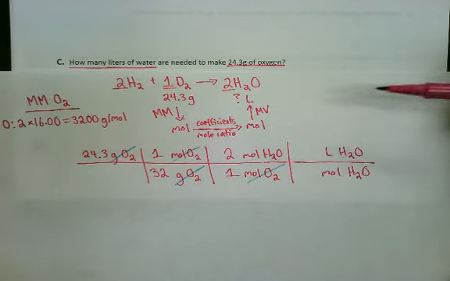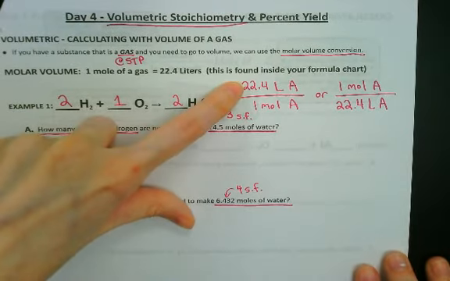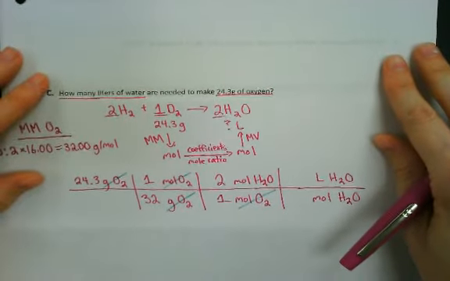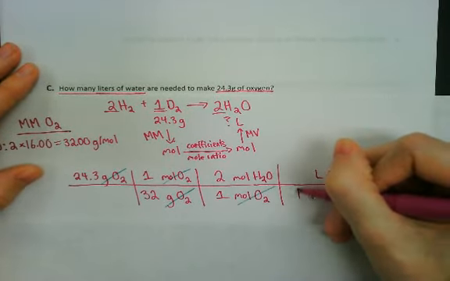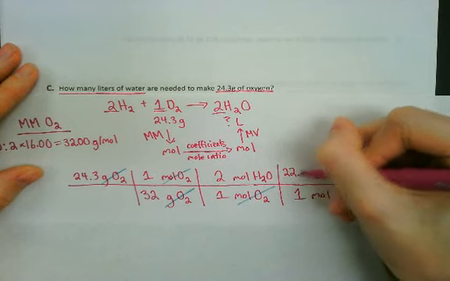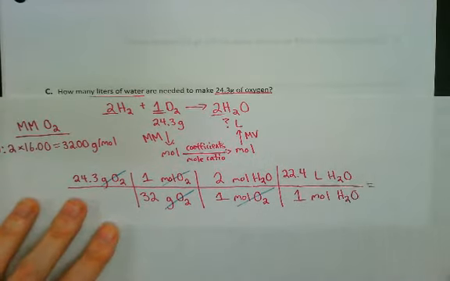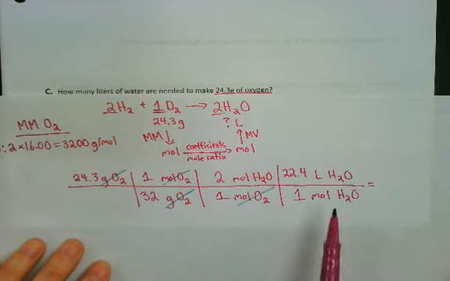And our molar volume, as we saw earlier, is right up here. There's 22.4 liters in 1 mole. So I'm going to make sure I put 1 with the mole and 22.4 with liters. And now we can solve this.